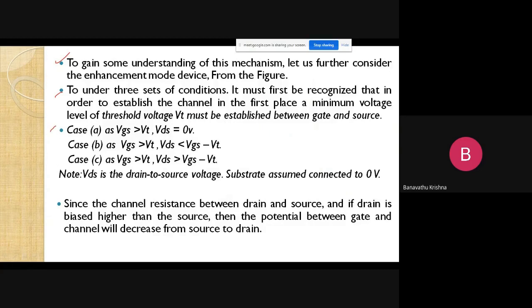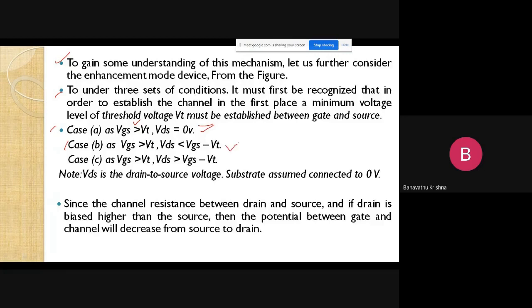Case A: VGS is greater than Vt and VDS equals 0. In this case the channel is established between source and drain, but there is no movement of charge carriers. Similarly, in the second case, VGS is greater than Vt, but VDS is less than VGS minus Vt.